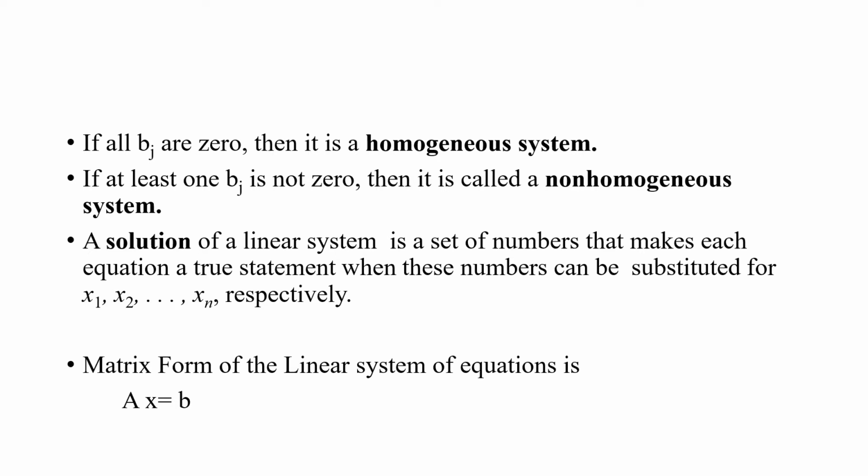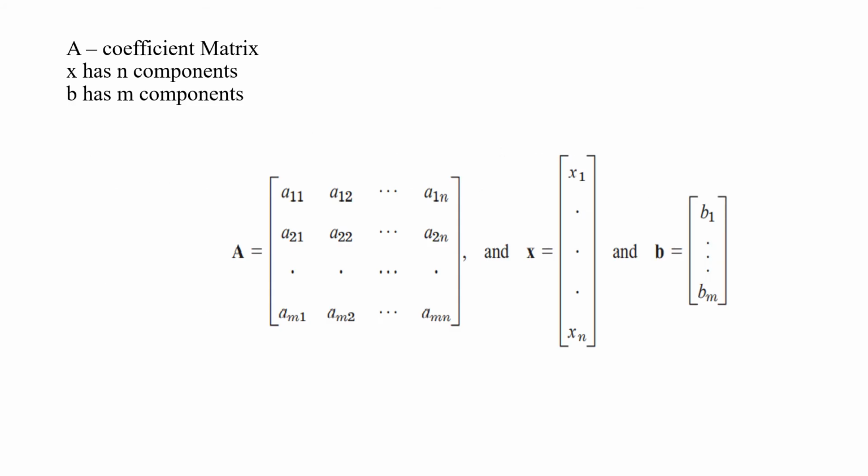To find the solution for a system of linear equations using matrices, you have to write the matrix form of the linear system of equations. That is, Ax equals B. Here A represents the coefficient matrix, X represents the matrix of unknowns, and B represents the matrix of constants. A, B, and X are given here.